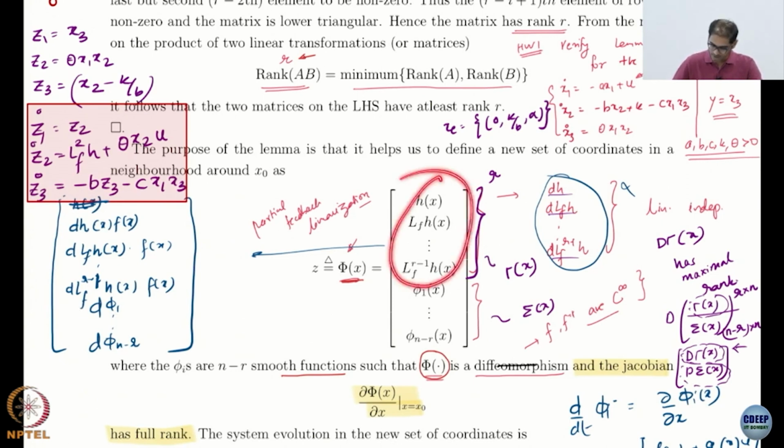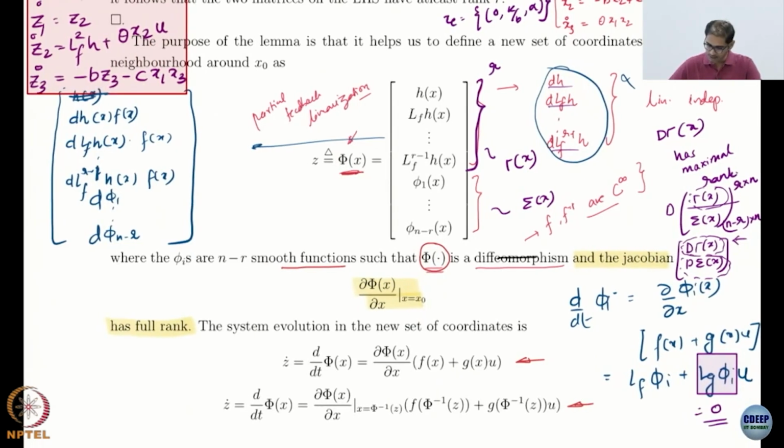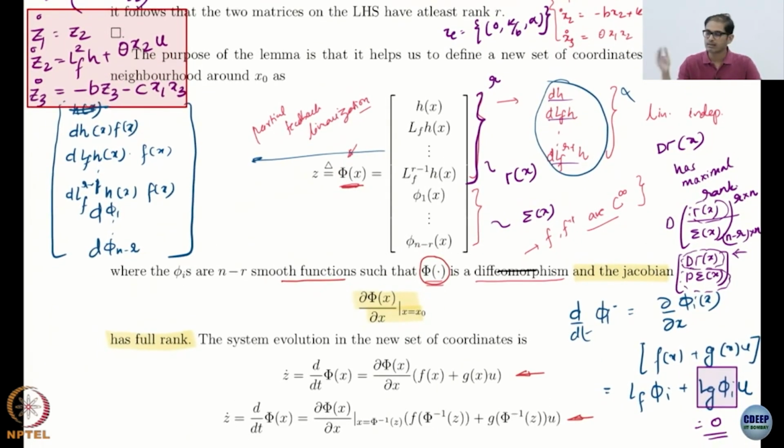So I have this r and then I have this n minus r, where these phi are simply chosen to make sure that this whole map, capital Phi, is a diffeomorphism. Which essentially means that the Jacobian has to be invertible. This has full rank, and full rank means invertible in this case.